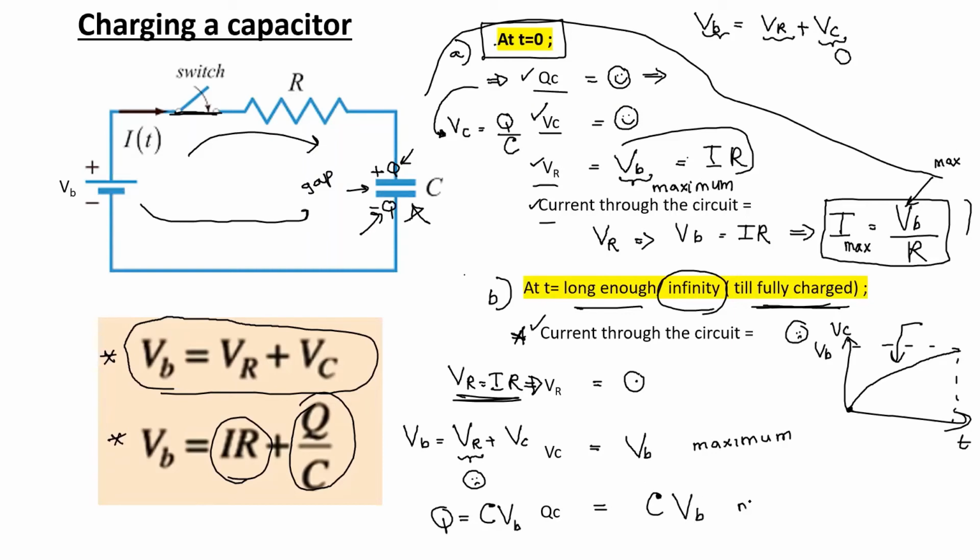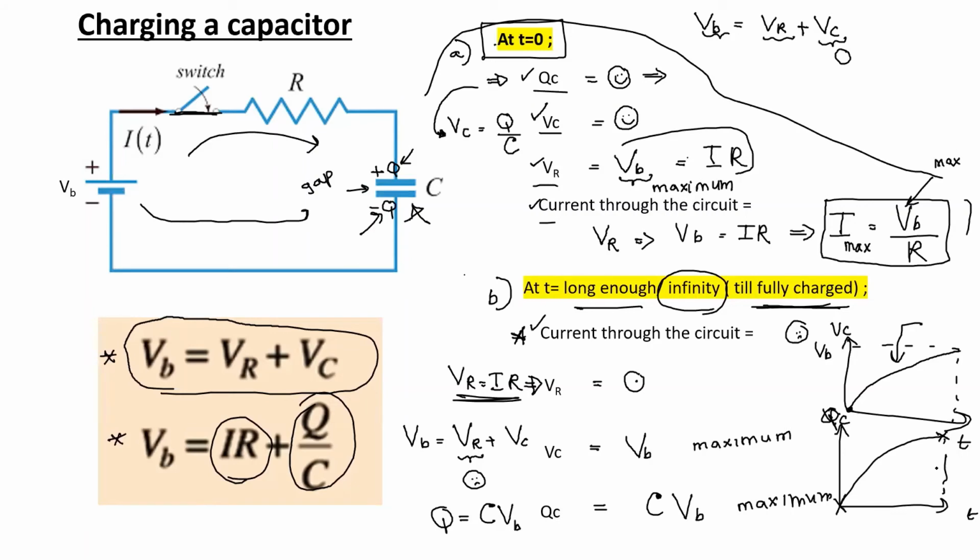This is the maximum charge, right? It makes sense, right? At the moment you connect the capacitor, it won't be charged. So after some time, it will be charged. So it also follows a similar trend. Charge of the capacitor also follows a trend like this. At t equals 0, nothing. When you wait long enough, it comes to the maximum.